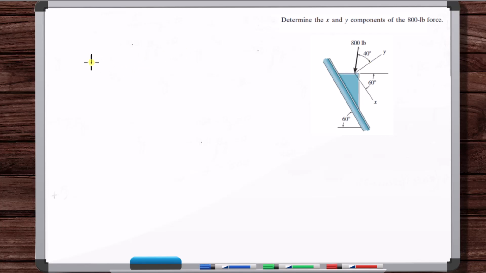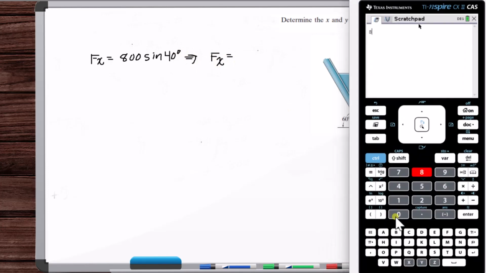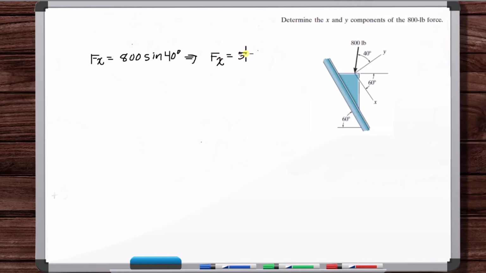Fx is equal to 800, opposite over hypotenuse, sine of 40, which is 514.2.